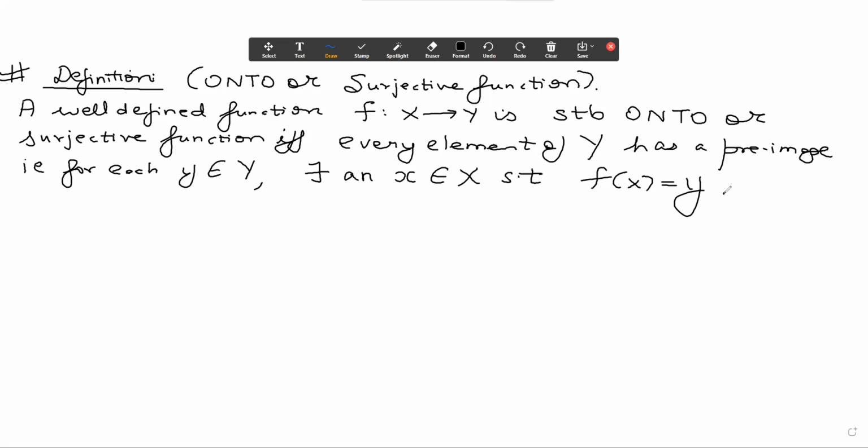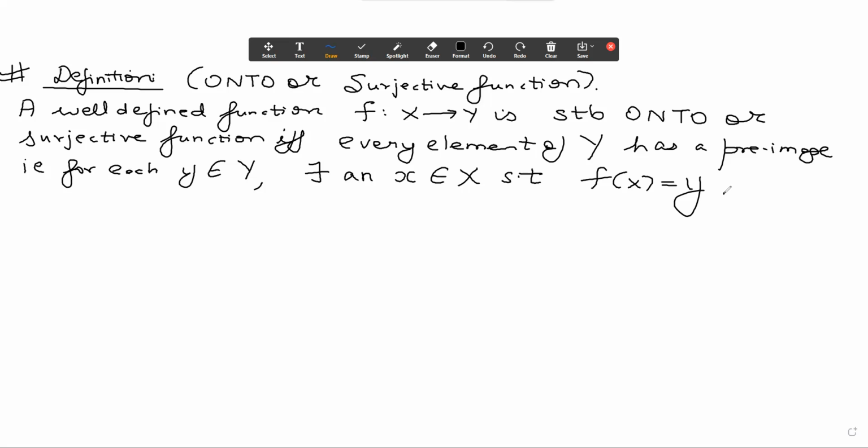If I put it in simple words, when is a function said to be onto? In layman terms, a function is said to be onto if every element in the codomain is receiving arrows. Very simple. If every element in the codomain is receiving arrows from domain, function is onto.